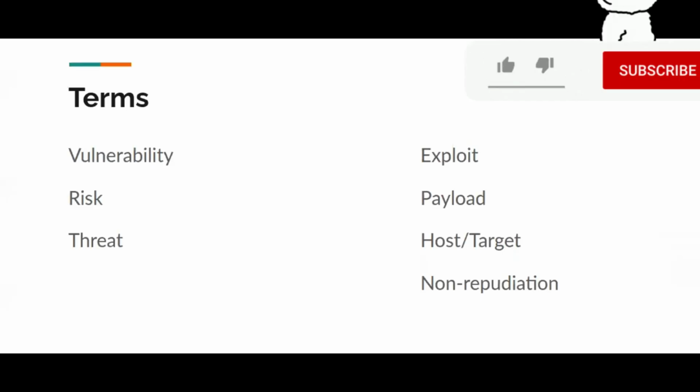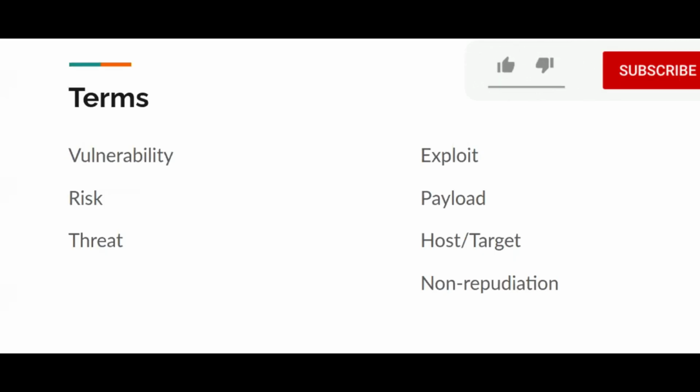Then risk is the percentage or the term given to the probability of a vulnerability being exploited. In risk analysis, you list down all the vulnerabilities that are possible in a system, and map them against all the threats there.